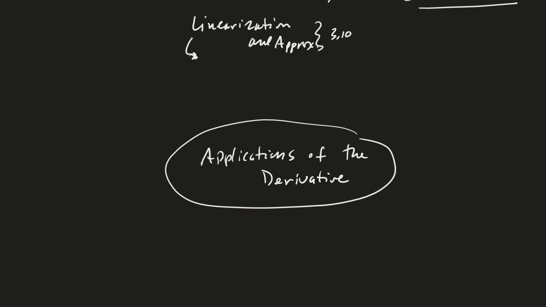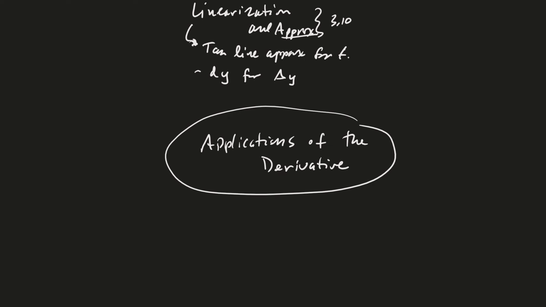Linearization is the tangent line. So we use a tangent line approximation for f, and then the approximation part is using dy for delta y. Okay, and so we should remember the definition of both of those things, delta y and dy. Maybe I'll just write them off to the side here. So delta y is the actual change in y as f changes.